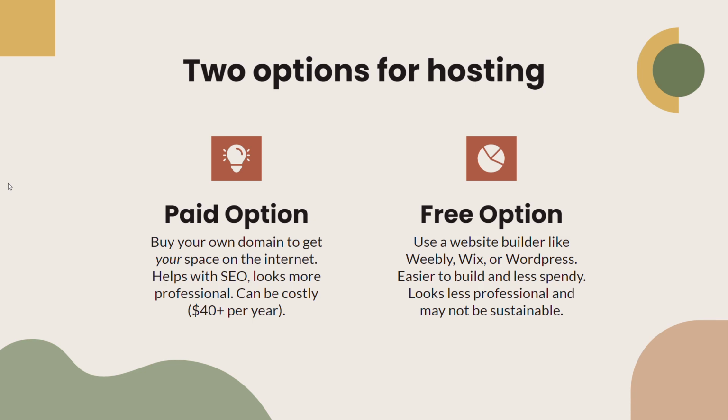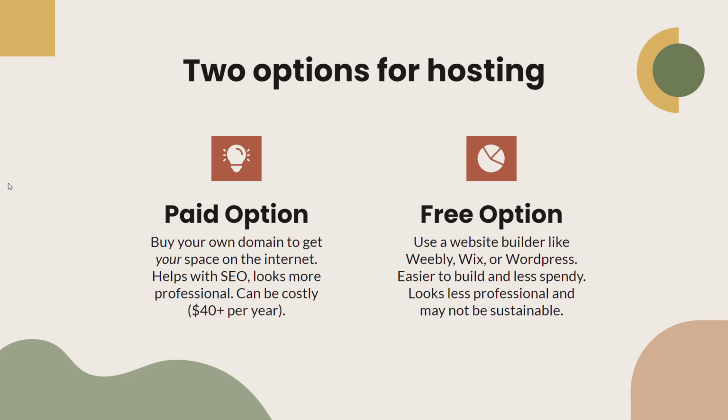The paid option involves buying your own domain name to get your space on the internet, allegrasmith.com. It's good to do this for what we call search engine optimization, or SEO. It's easier for web search engines like Google to find you if you have your own domain name. And it helps you get ahead of your own identity on the internet so that others cannot, right?